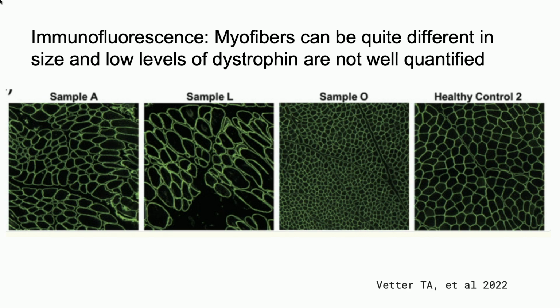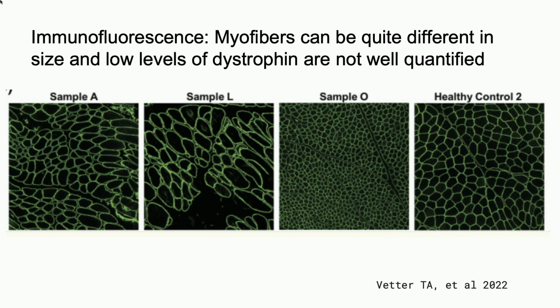So I threw this slide in just to highlight how challenging this can be. We sort of think of muscle as being a bit of a monolith, or there's a typical muscle, but there's wild variation in muscle. All of these slides here are muscles taken at the same intensity, showing dystrophin staining, but also showing that the myofiber size can sometimes be quite small, can sometimes be quite large.